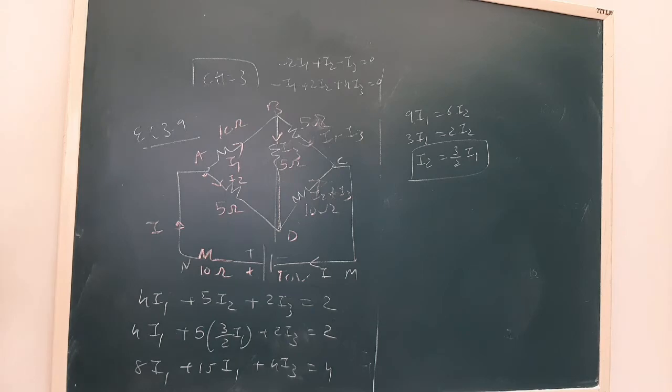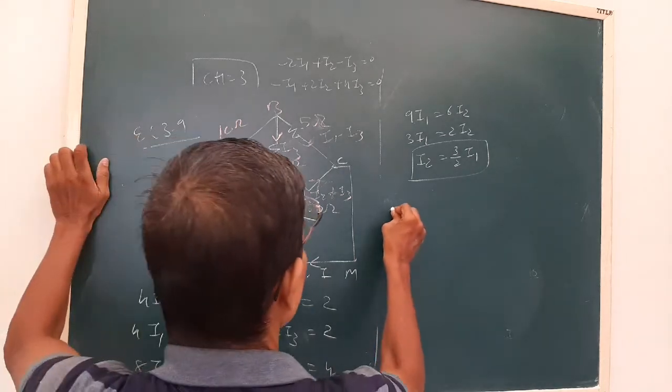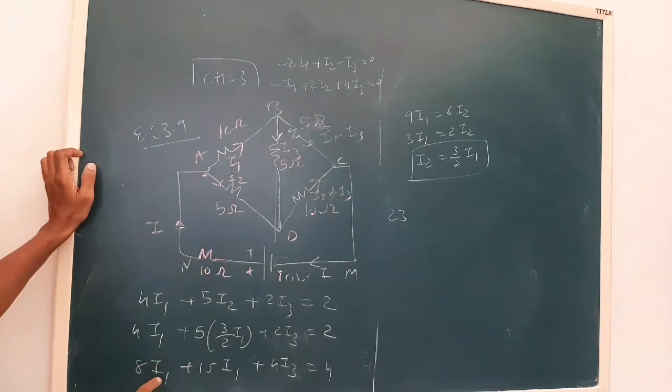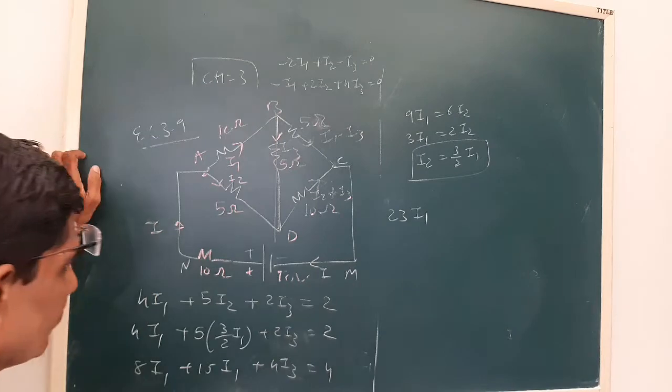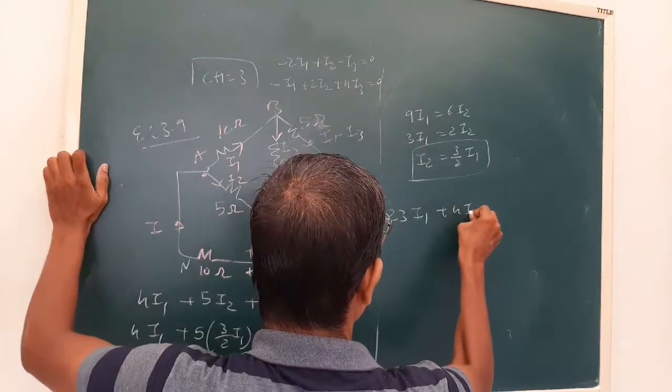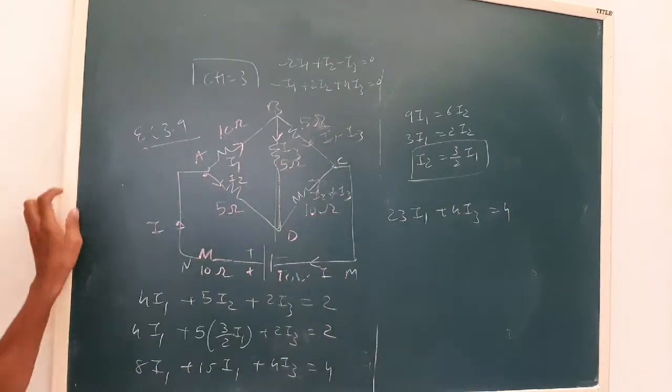So that is 8 plus 15, 23I1 plus 4I3 is 4.